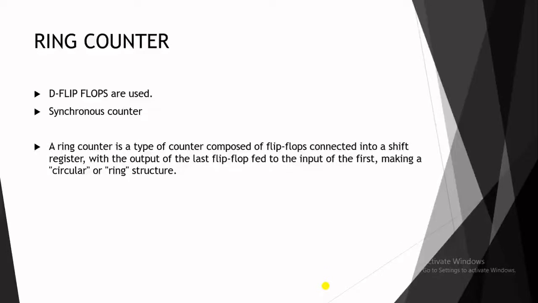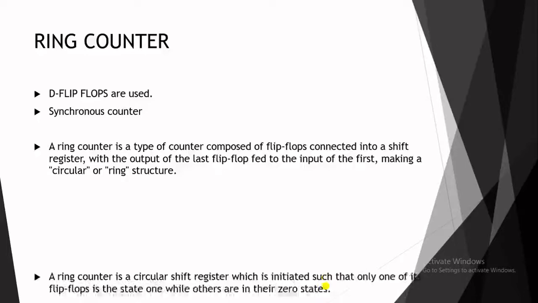A ring counter is a type of counter composed of flip-flops connected into a shift register with the output of the last flip-flop fed to the input of the first, making a circular or ring structure.